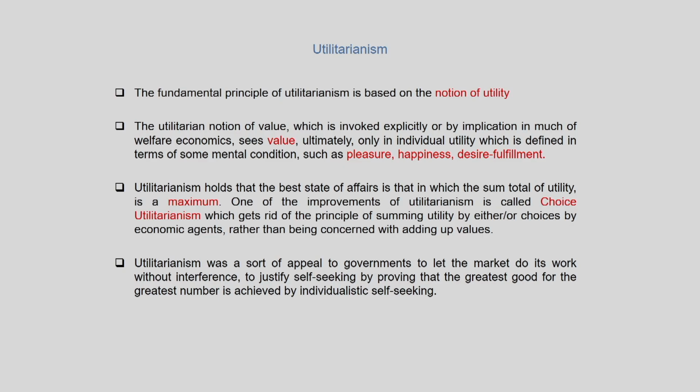Utilitarianism is one of the basic premises of most of the neoclassical approaches to economic policy making, and it needs to be pointed out that utilitarianism was a sort of appeal to governments to let the market do its work without interference, to justify self-seeking by proving that the greatest good for the greatest number is achieved by individualistic self-seeking.